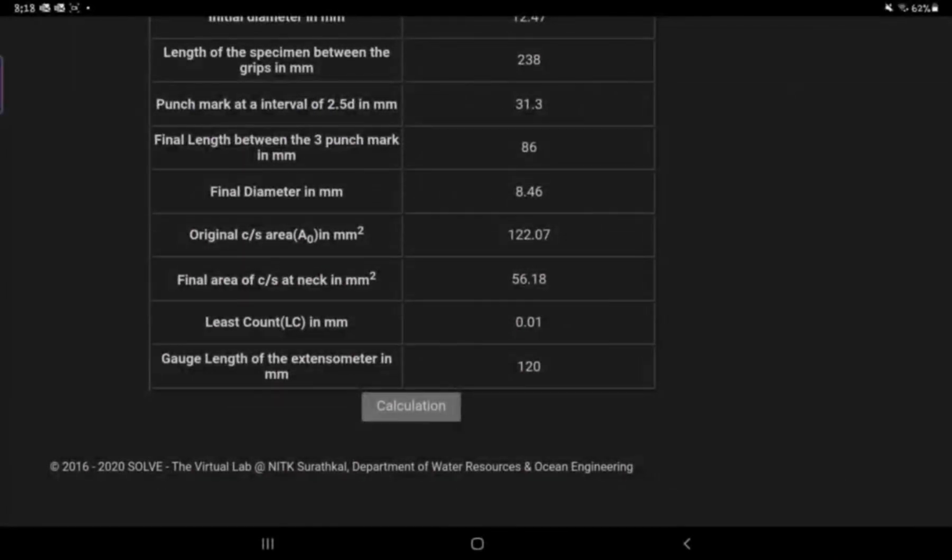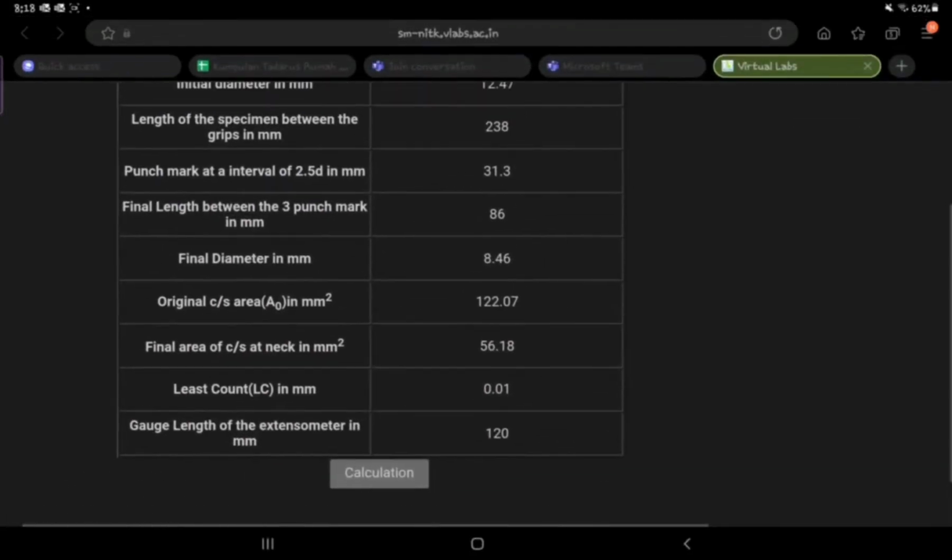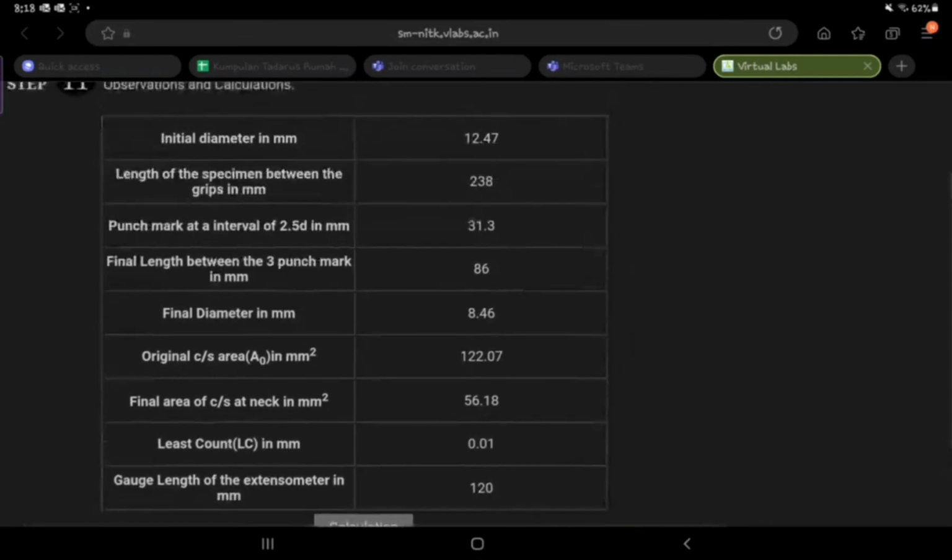Okay, so ini adalah jadual penuh observation sebentar tadi, which is the initial diameter in mm is 12.47, length of the specimen between the grips in mm is 238, punch mark at interval of 2.5d in mm is 31.3, final length between 3 punch marks is 86, final diameter in mm is 8.46.